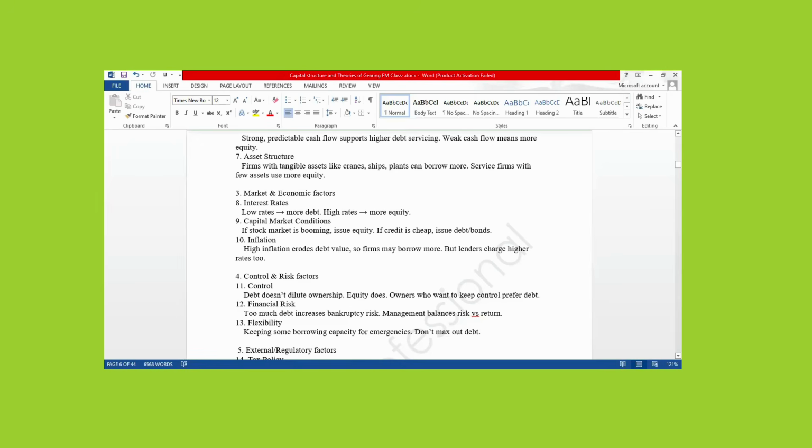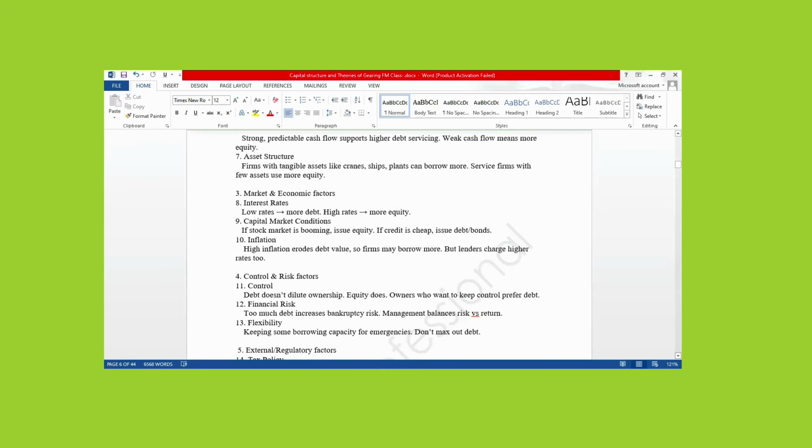What is money market? A market for short-term loan. Money market is that market where you can borrow or lend on a short-term basis. All commercial banks operate in the money market. Commercial banks are designed to provide short-term loans.